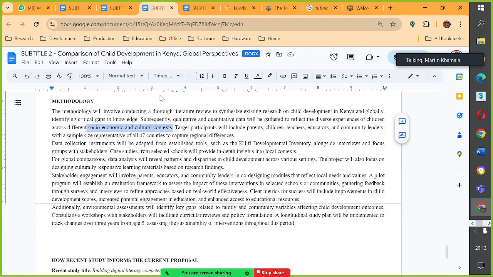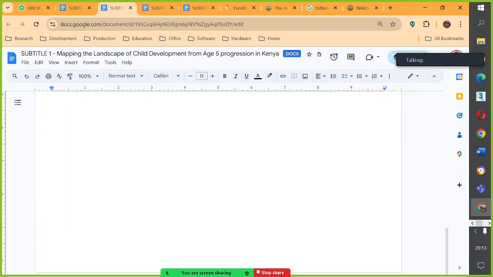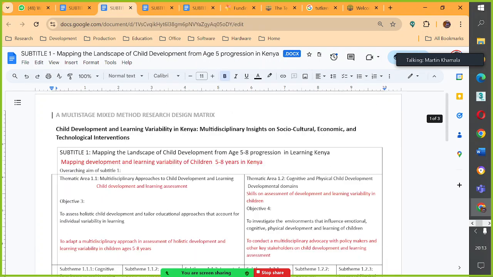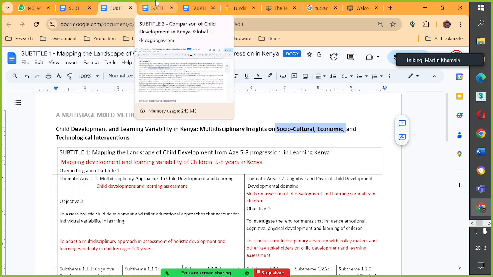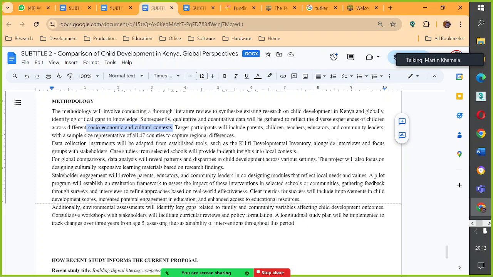When you look at the main titles here, we're looking at these cultural, economic, and technological interventions. So we're looking at contexts which are both social, cultural, and economic. So here, socio-economic and cultural, okay, so we have that, and maybe technological context.